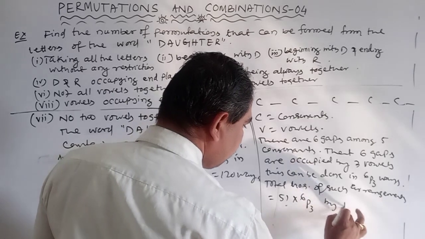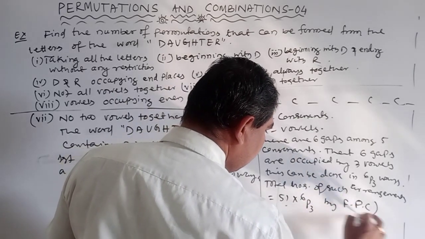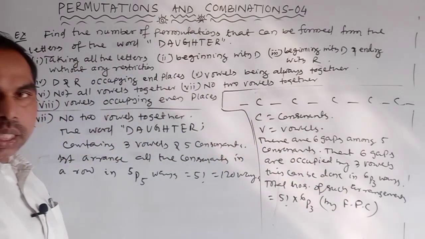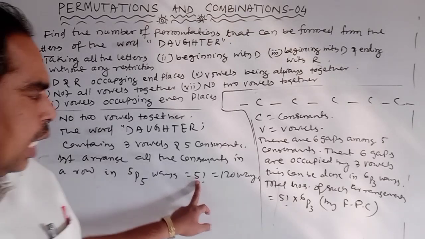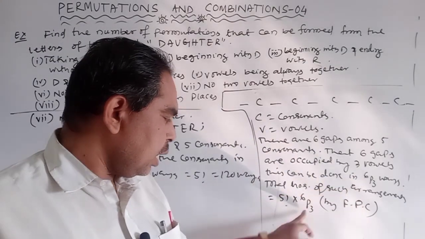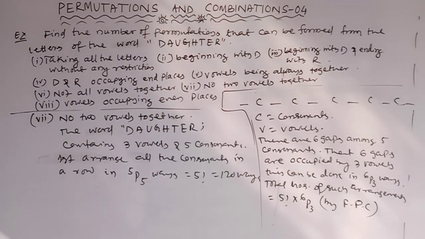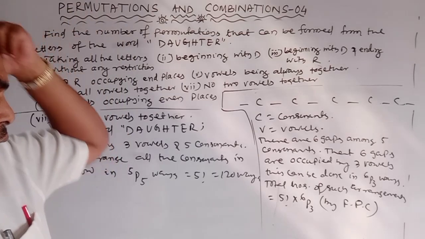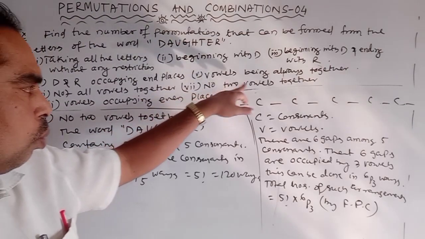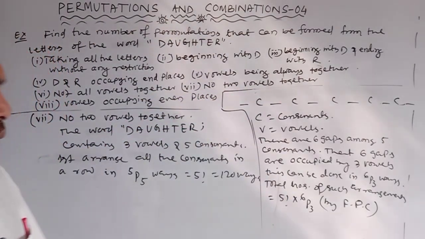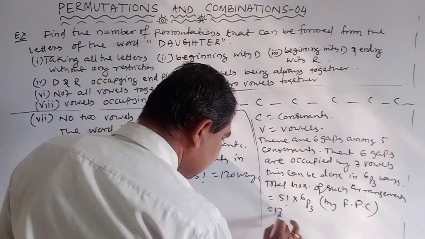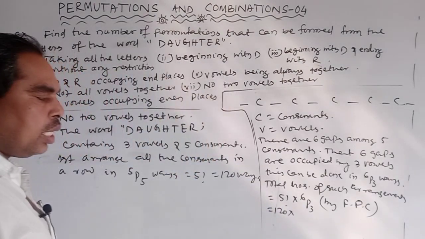Number of words with no two vowels together is 5 factorial into 6P3, which is 120 into 6 factorial by 3 factorial.